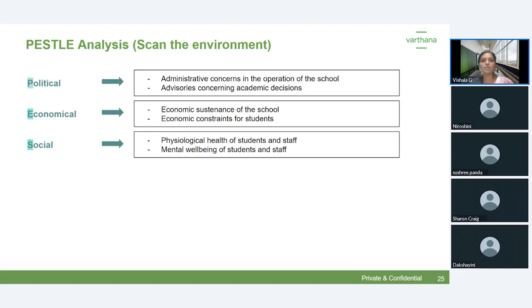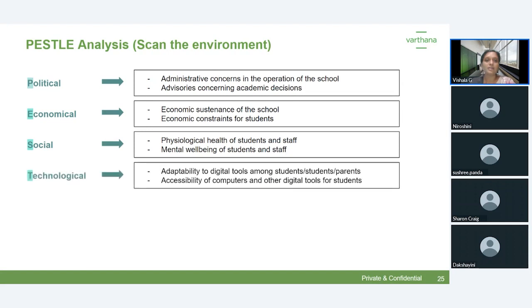So this can be one of the filters that you can use to see if the social condition of the school, social well-being of your stakeholders are in the right place. Then comes the technological. Do I have enough technological capability in the school to cater to 21st century students? Are my teachers capable enough? Do I have enough infrastructure to support all of this? This will be your technological scan.